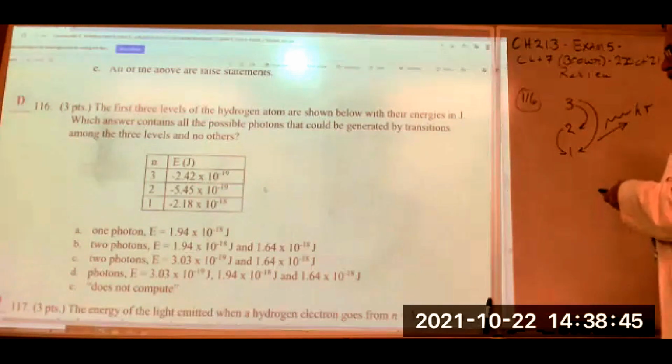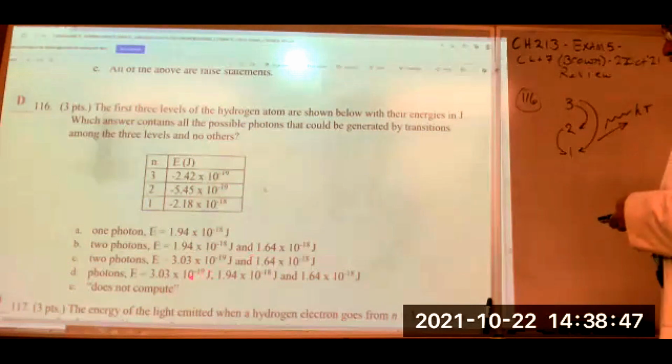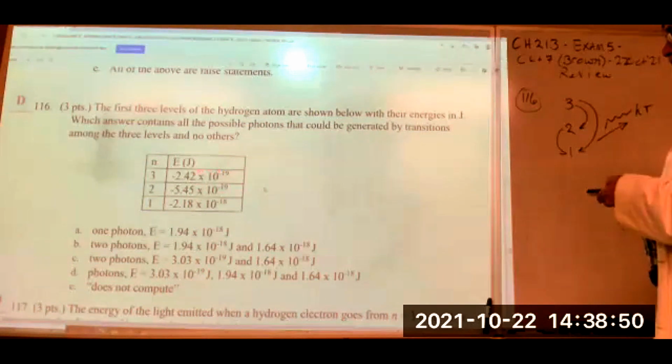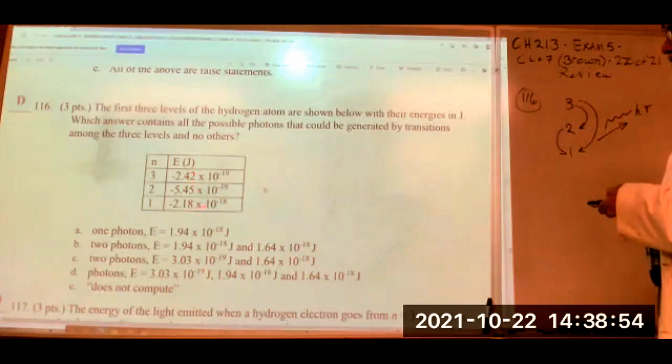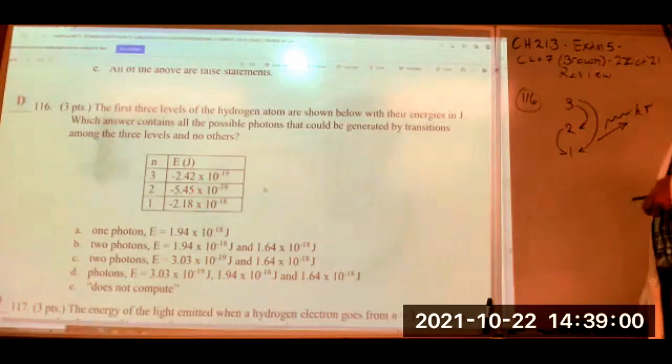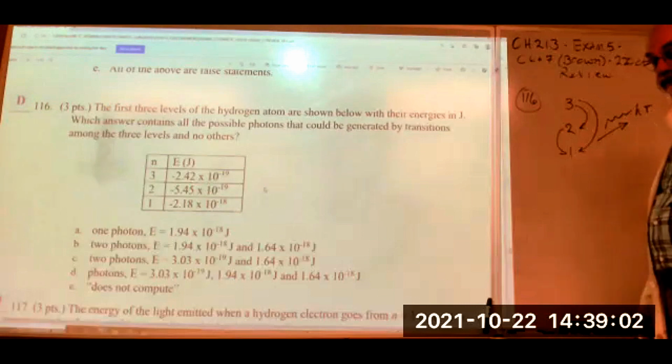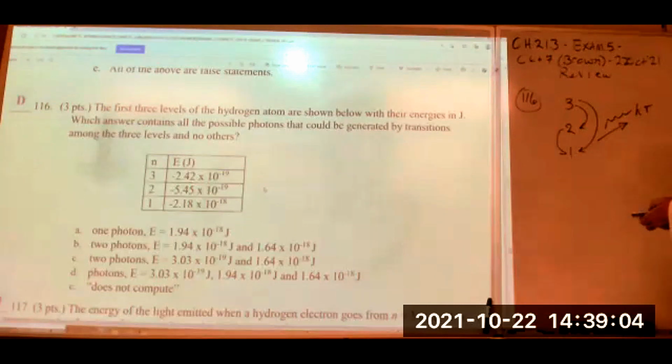All right, so the photons would have what energy? Well, in that case, you would just say final minus initial, final minus initial, and final minus initial. Those three. So it's really not a big calculation. You just have to subtract the final from the initial in 3 cases and see if they match.